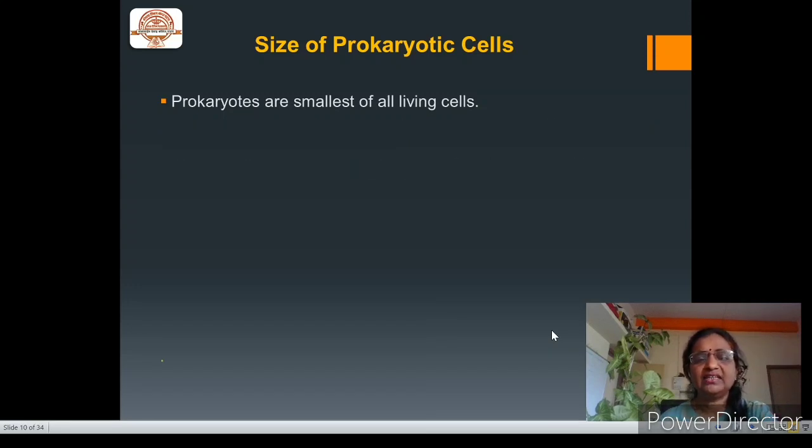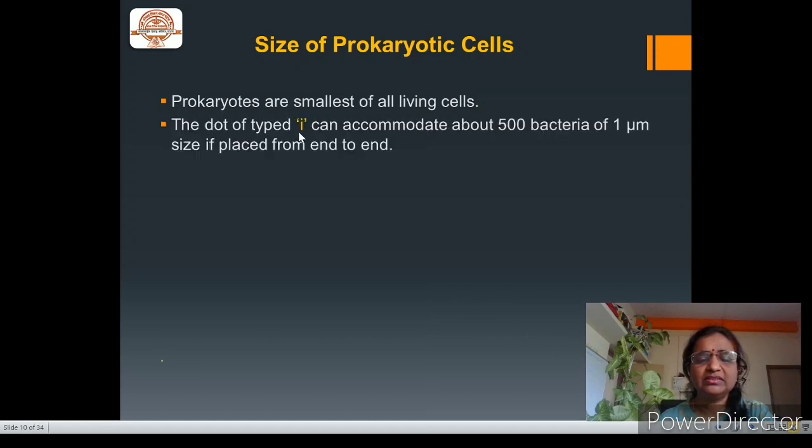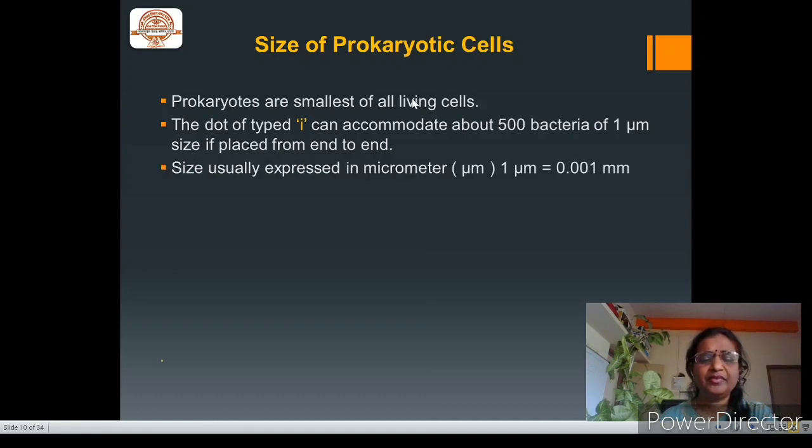Prokaryotes are the smallest of all living cells. For our assumption, suppose we wrote the letter I, and the dot of this I is 1 micrometer in diameter, then that dot can accommodate up to 500 bacteria. That was a hypothetical assumption. So that is how small bacteria are.